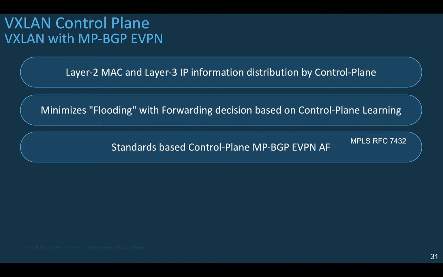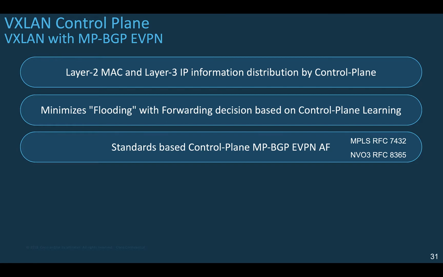The standard-based overlay VXLAN is assisted with the standard-based control plane, also known as EVPN, the address family for MP-BGP. And EVPN relies on several standards. So we have MPLS RFC 7432 and overlay NVO3 RFC 8365.